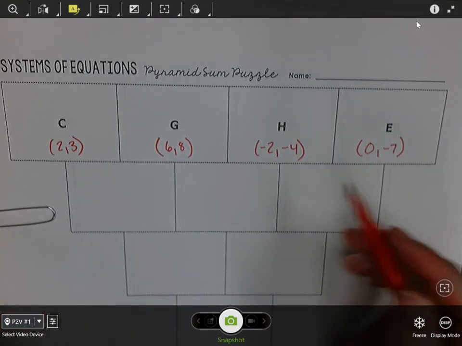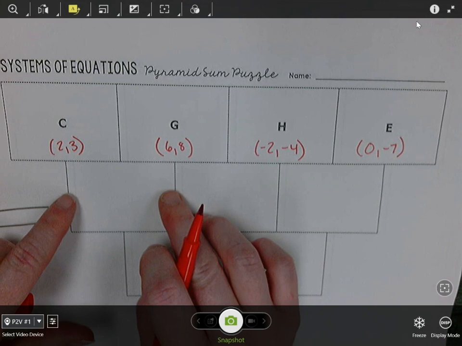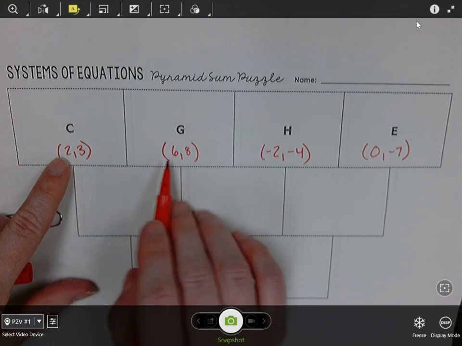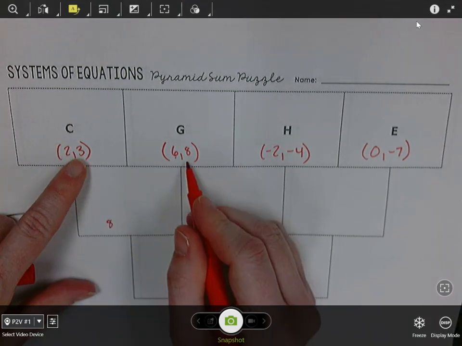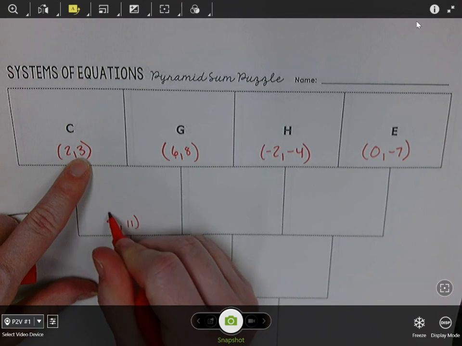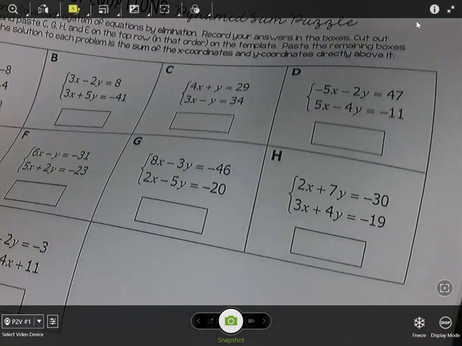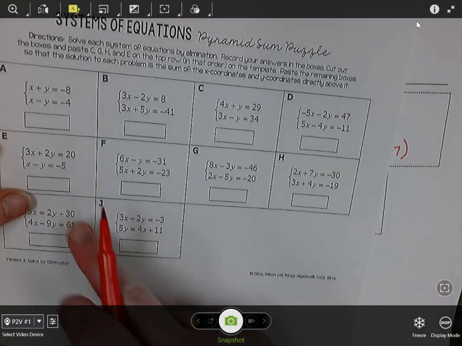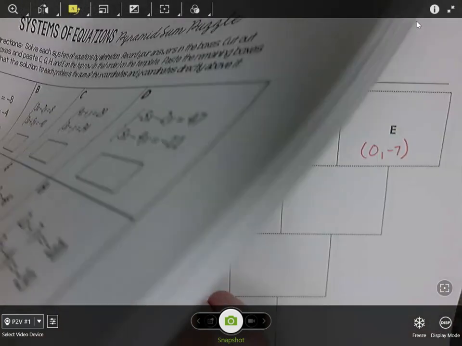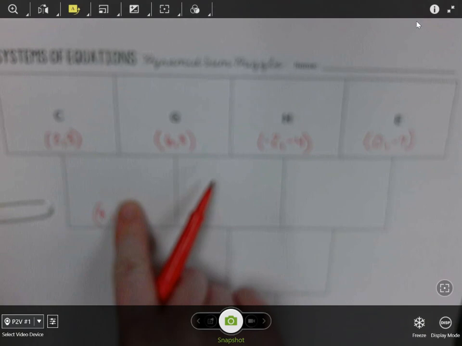Now, to know which ordered pair goes next, you do 2 plus 6, which is 8, and 8 plus 3, which is 11, okay? So then you look at the remaining boxes, because you've already taken off C, G, H, and E, and see which one has the ordered pair 8, 11, and that one gets glued here.